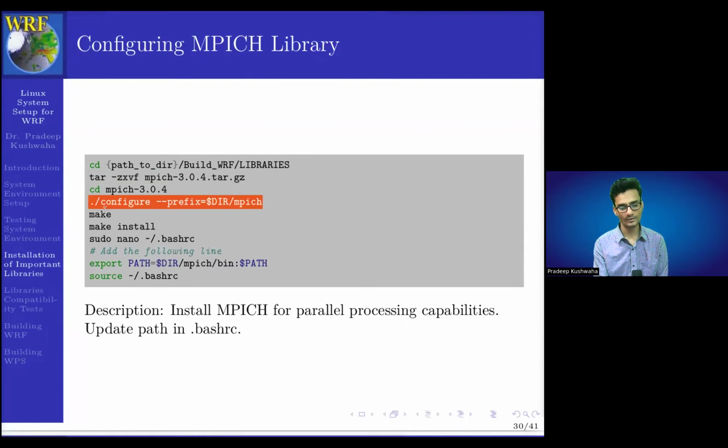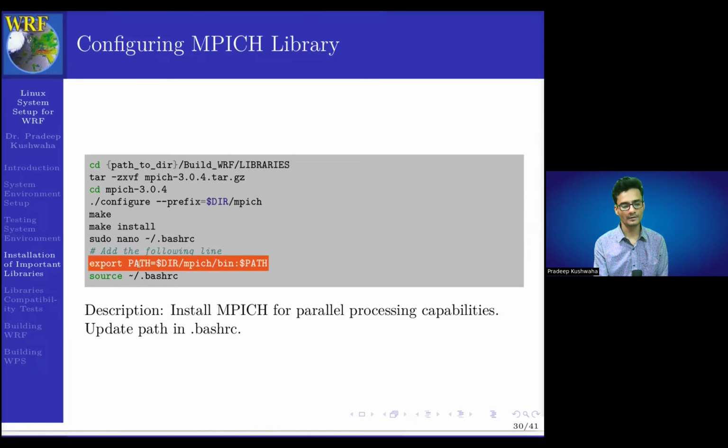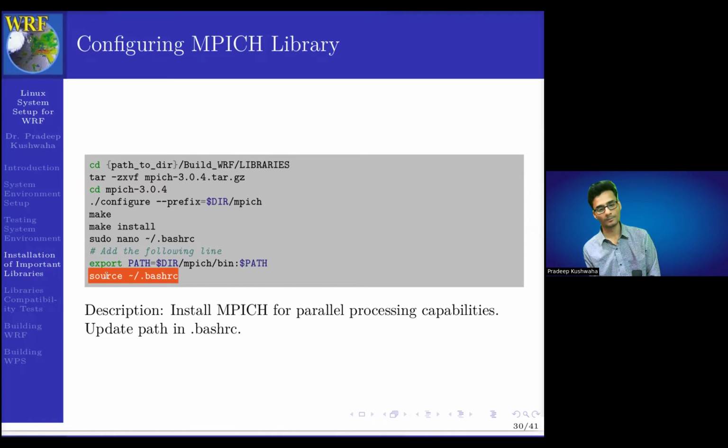Once configuration has been done, execute make and then make install. Once it is done, open the bashrc file and add these lines at the end of the bashrc file, and then source it again so that the system will know where the MPICH library has been installed. So this procedure installs MPICH for parallel processing capabilities and updates the path in the bashrc.